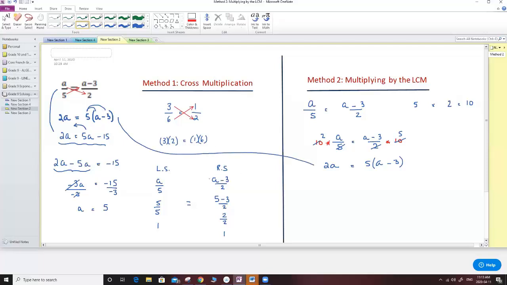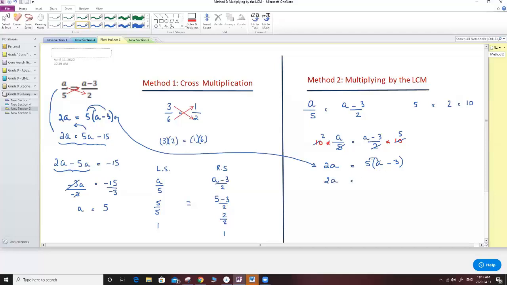I reached this one using cross multiplication, but I discovered this one by multiplying by the lowest common multiple. Both lead to the same thing, and for sure, if I continue, I will get the same answer.